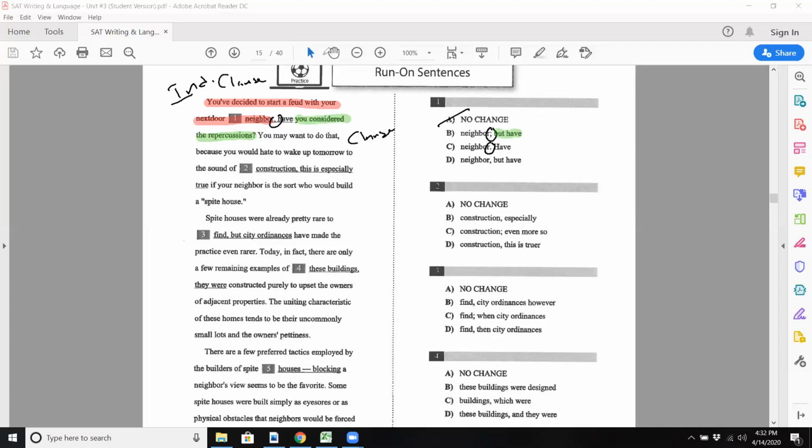And so that's why you don't want to go with B, because the semicolon separates, it's like a period, two independent clauses. So that's out as well.